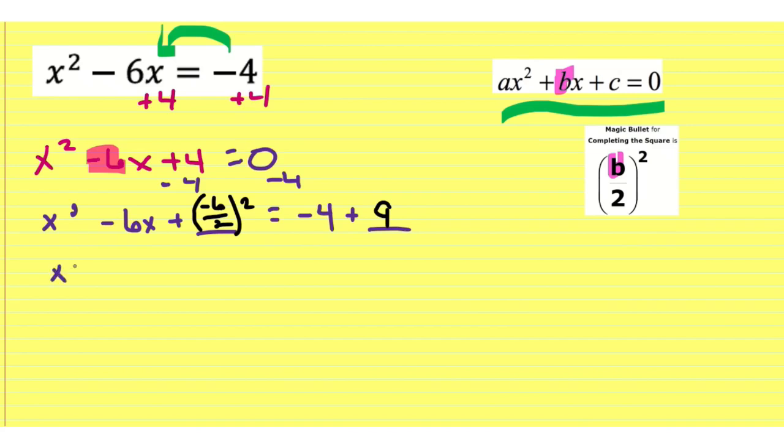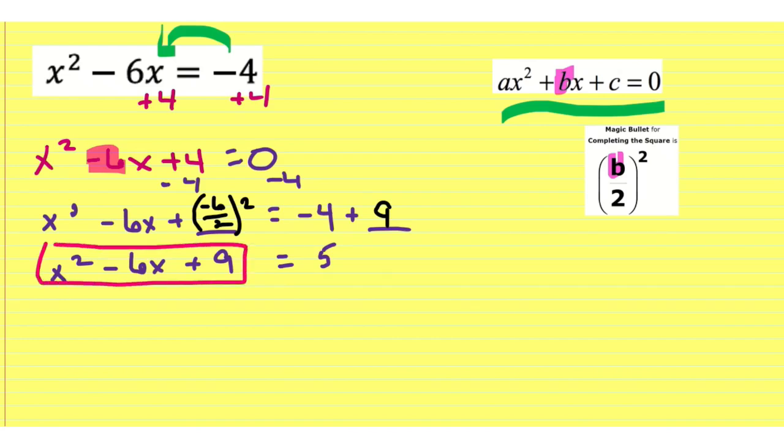Okay, so let me rewrite it one more time. It's going to be x squared minus 6x plus 9 is equal to 9 minus the 4, which is going to leave me 5 on the other side of the equal sign. So this right here, that is a perfect square trinomial. That means that I have completed the square right there. I completed the square by changing that piece to a perfect square trinomial.